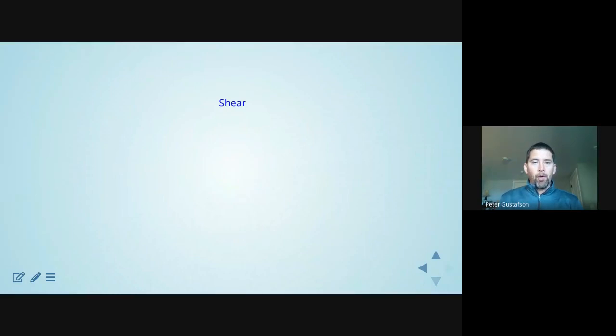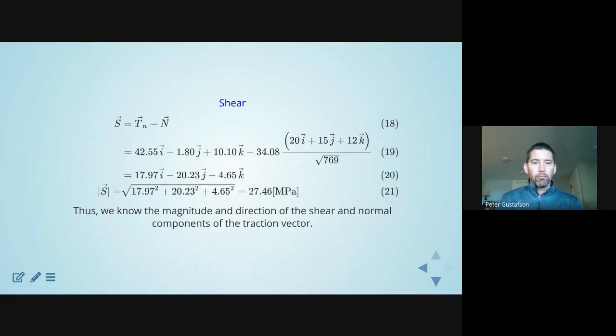Okay, now the shear component, again, how do we do that? Well, it's not complicated. It's essentially the same thing that we did with our more intuitive example. All we need to do is subtract the normal vector from the traction vector.